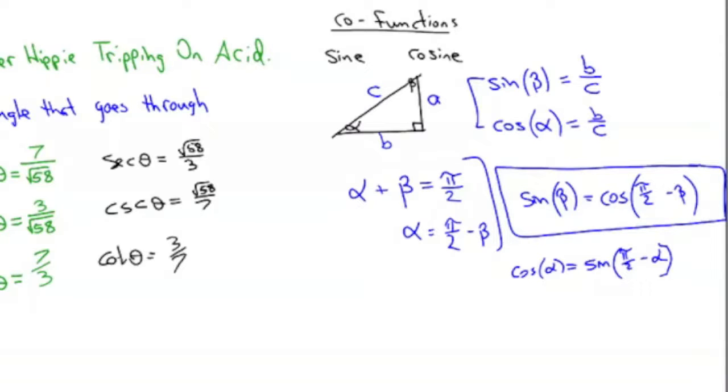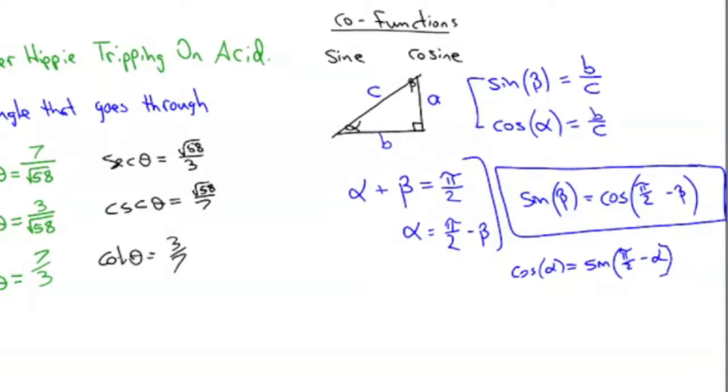If it started with beta on this side, it would end in beta on this side. It's just whatever the angle is over here, this one is pi over 2 minus that angle. So it can't be cosine of alpha equals cosine of pi over 2 minus. No, it's cosine to sine or sine to cosine. So it's basically like cosine of alpha equals sine of beta. Yes. It's the same idea.